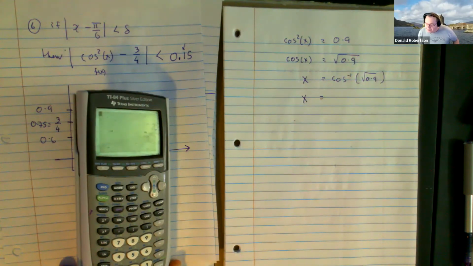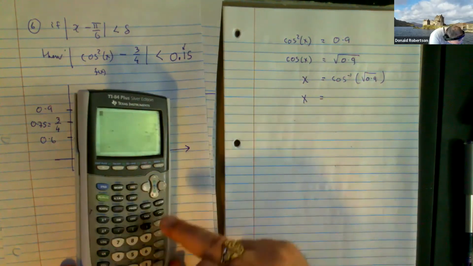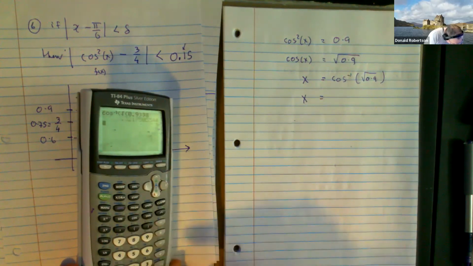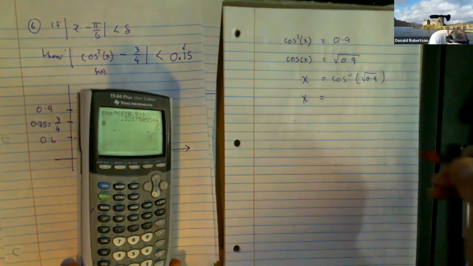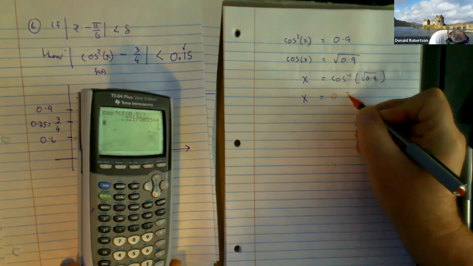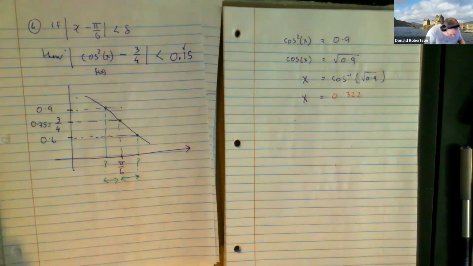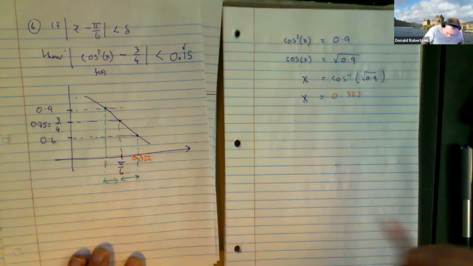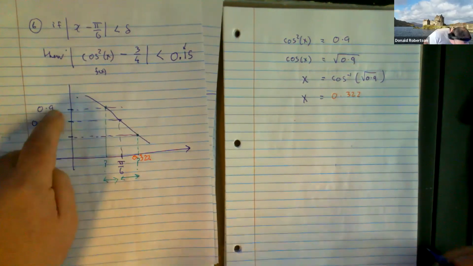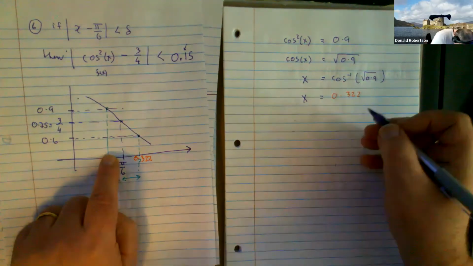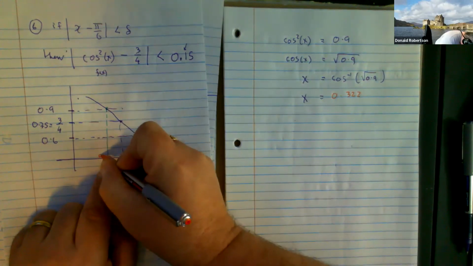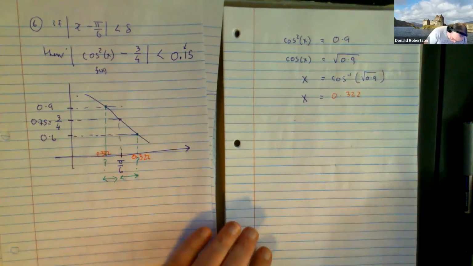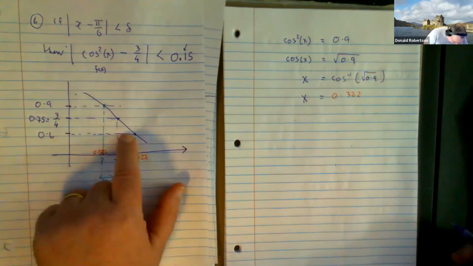Right. So the first missing x is the inverse cosine of the square root of 0.9. And the answer that I got is, to 3 decimal places, 0.322. So that guy there is 0.322. Then we work on, oh, I should be careful. This guy is 0.322. Now, the other one is going to be that guy, right, the 0.6.